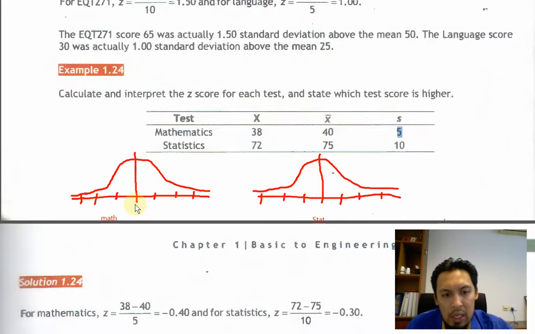I put 40 here as the mean, with 5 for the standard deviation, meaning that the first standard deviation is 40 plus minus 5, remember? So 40 minus 5 is 35, and 40 plus 5 is 45.